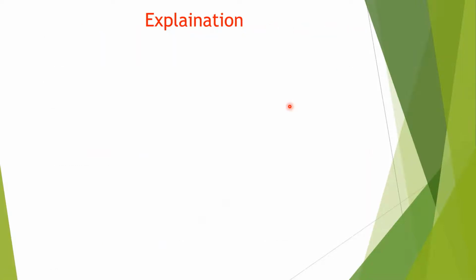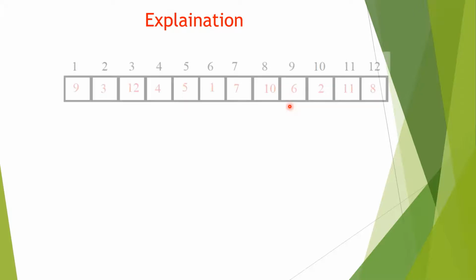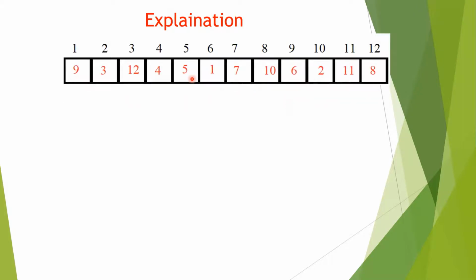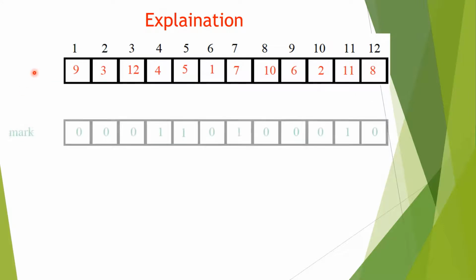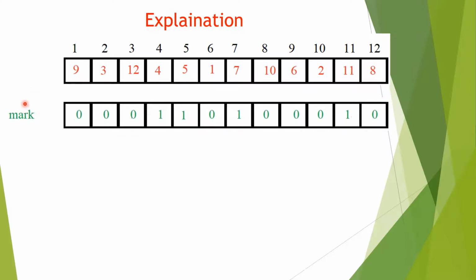Let's see the implementation part of how we do the above algorithm. So this is basically the example used earlier. First, we would require a Boolean type mark array, which would denote whether the elements are already at their correct position or have been placed at their destination.